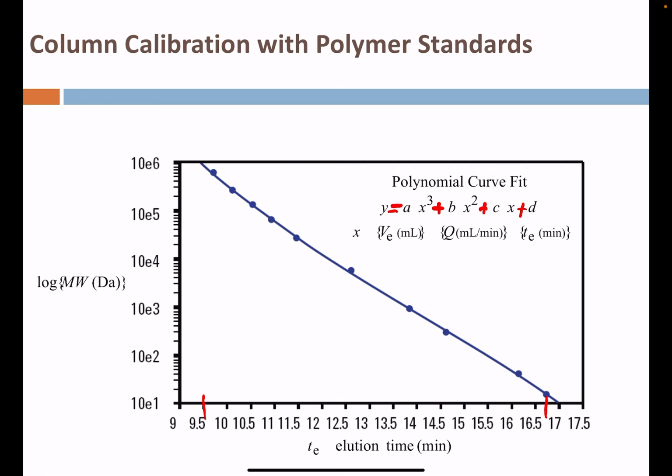where rather than applying a simple linear calibration best fit curve here, which would be y equals cx plus d, we apply a polynomial with two additional terms here, the second order term and the third order term, to allow for a little bit of curvature in what is mostly a linear trend to push the bounds here outside the limits of our GPC elution column.